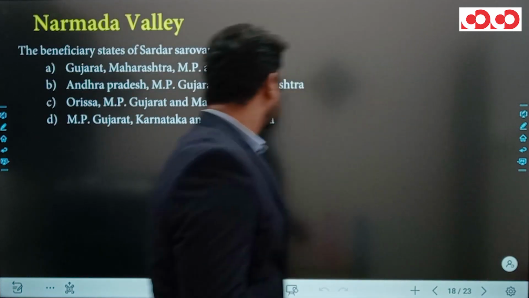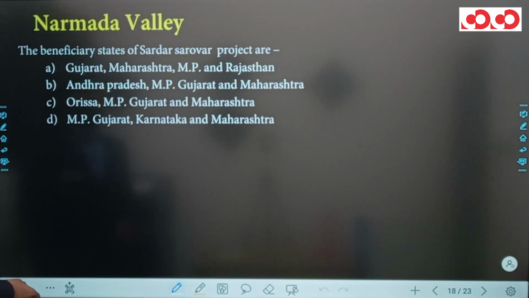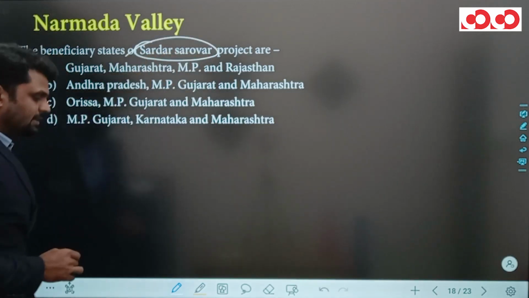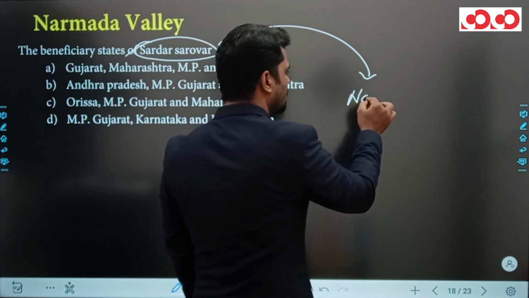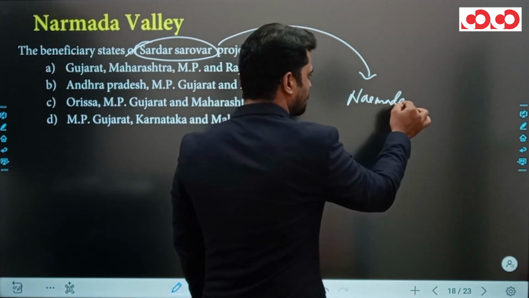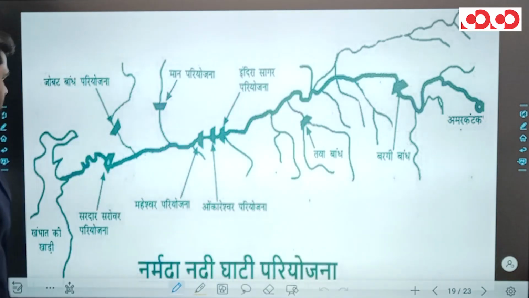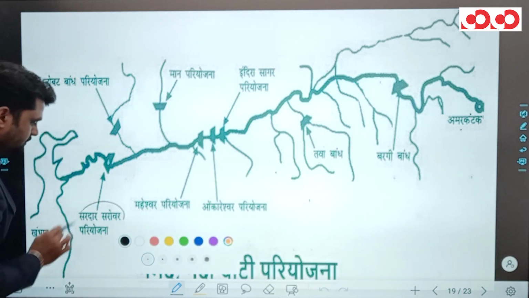The next question is based upon the Narmada Valley project. The beneficiary states of the Sardar Sarovar project are asked. Sardar Sarovar is a river project on the Narmada river. Clear? You can see different projects going on in the Narmada river. This is the Sardar Sarovar project.